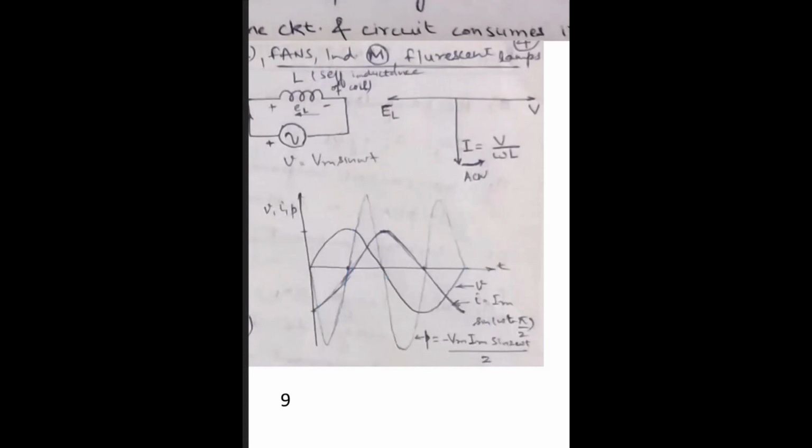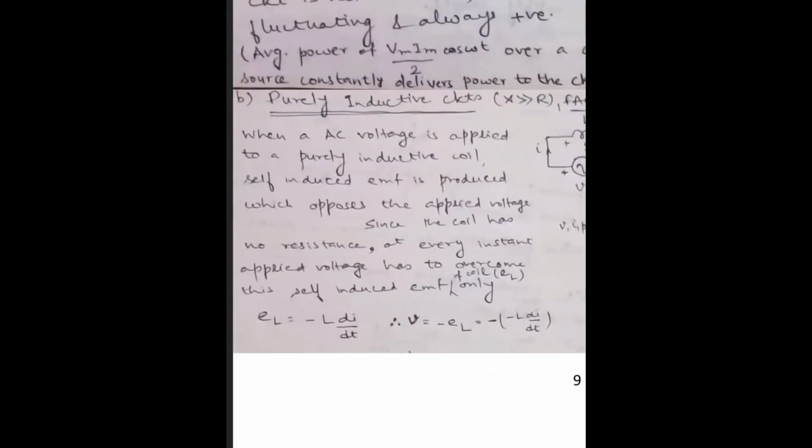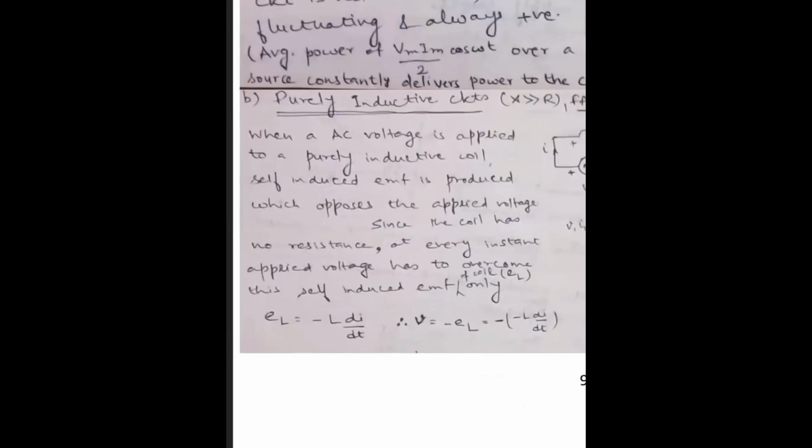So now let's move towards its derivation. When an AC voltage is applied to a purely inductive coil, a self-induced EMF is produced which opposes the applied voltage.